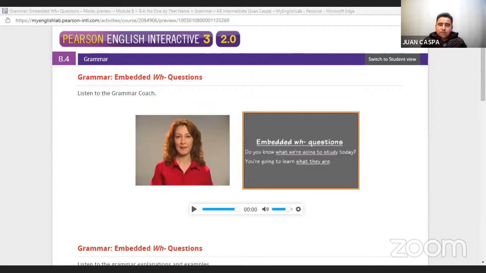My computer is kind of slow, but I don't know if you have any other. Did you know, right, the embedded questions? Do you have any idea about that?